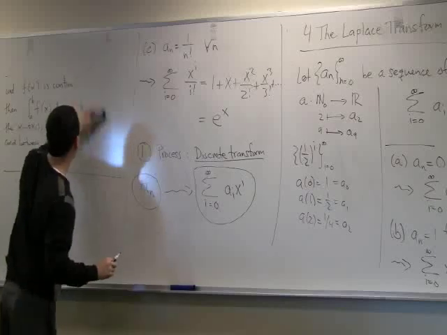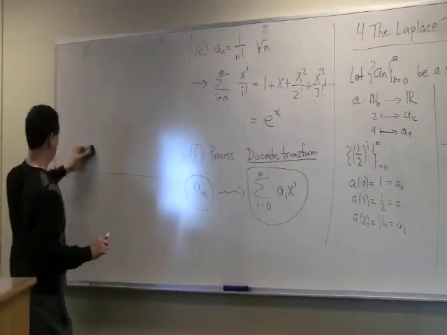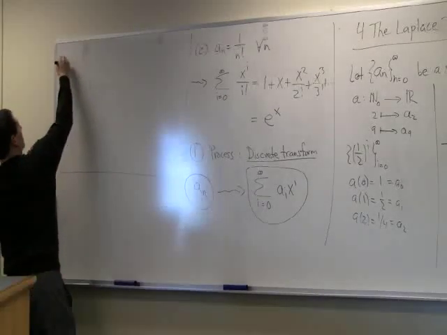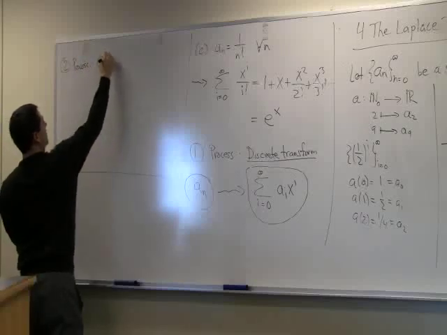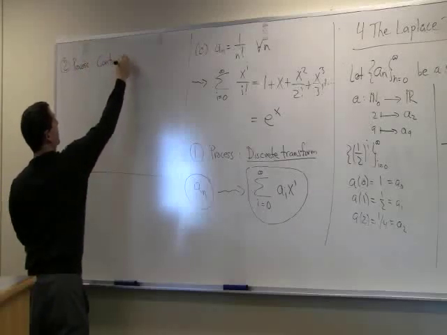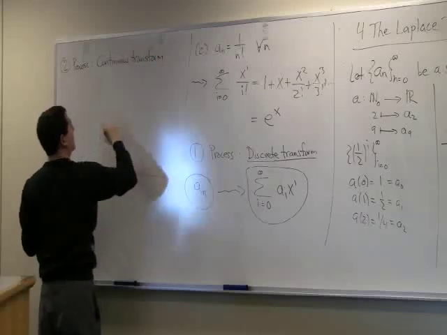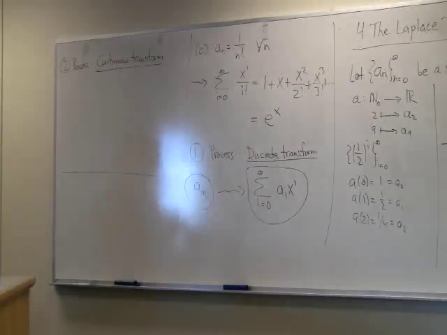Okay, so as I just said, I want to do a continuous version of this. So our second process is a continuous transform. But we're not going to call it that for long. We'll end up calling it a Laplace transform.